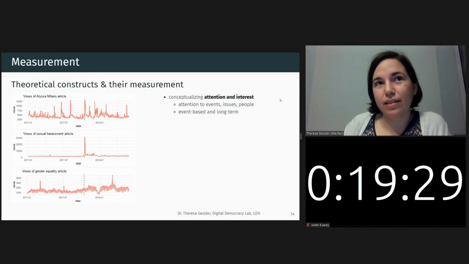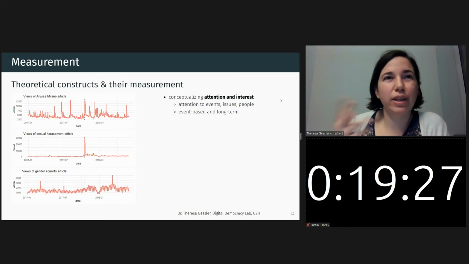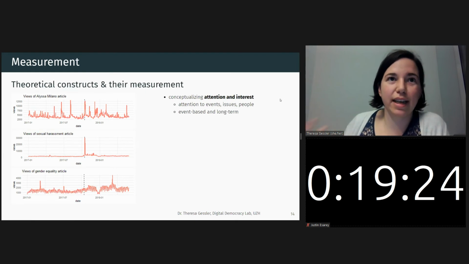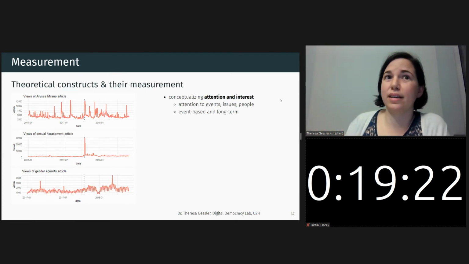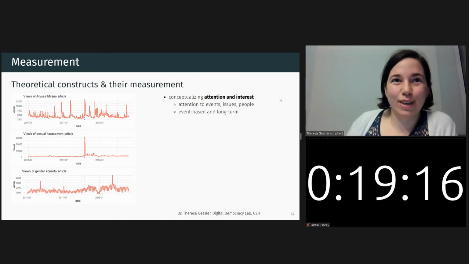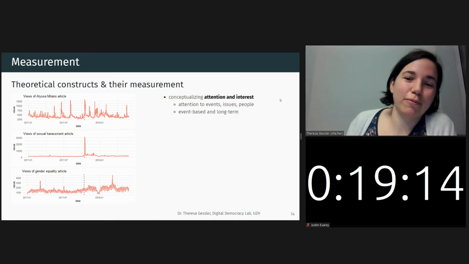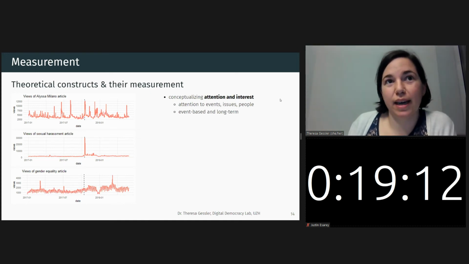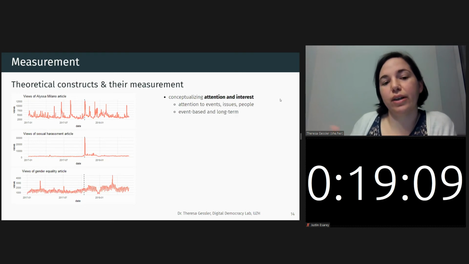Sometimes event-based, sometimes long-term. Recently, specifically these event-based studies, basically similar to the survey design, unexpected event during survey fielding designs, similar things have been done on Wikipedia because the data is available on a daily basis.